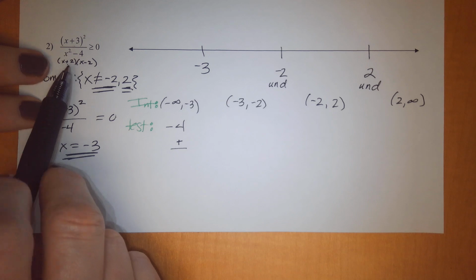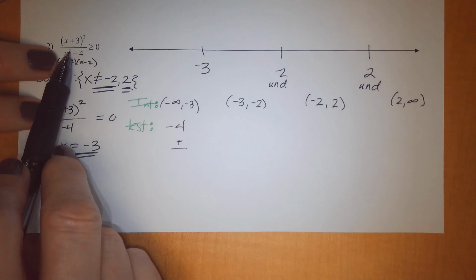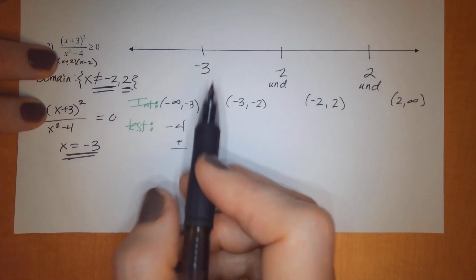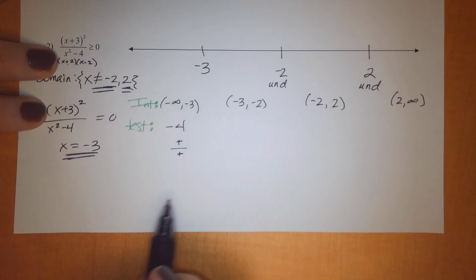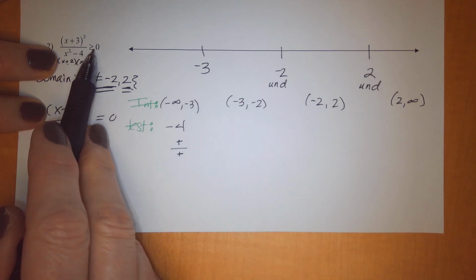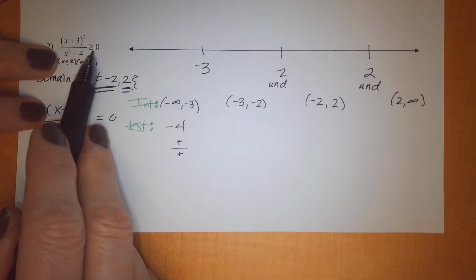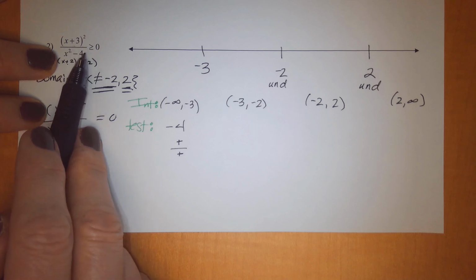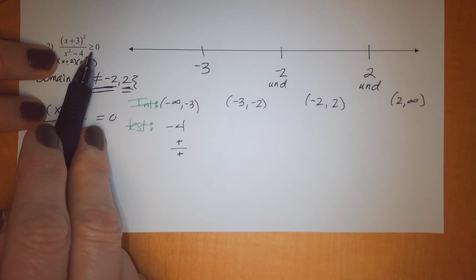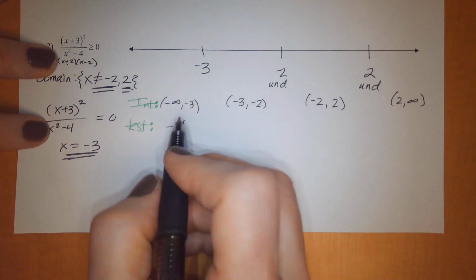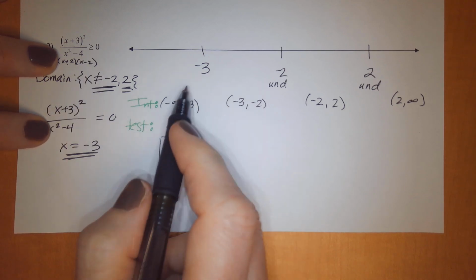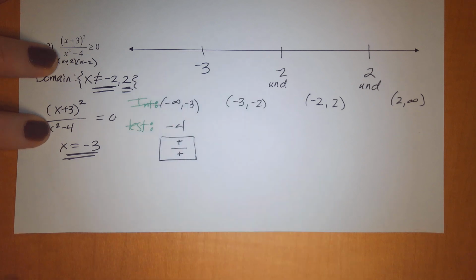That's going to be divided by negative 4 squared, which is 16, minus 4. That's also a positive. So that gives me a positive result. That will indeed fulfill this solution set, since I want all answers that are greater than or equal to 0. So this is positive, so this interval will be part of my solution.